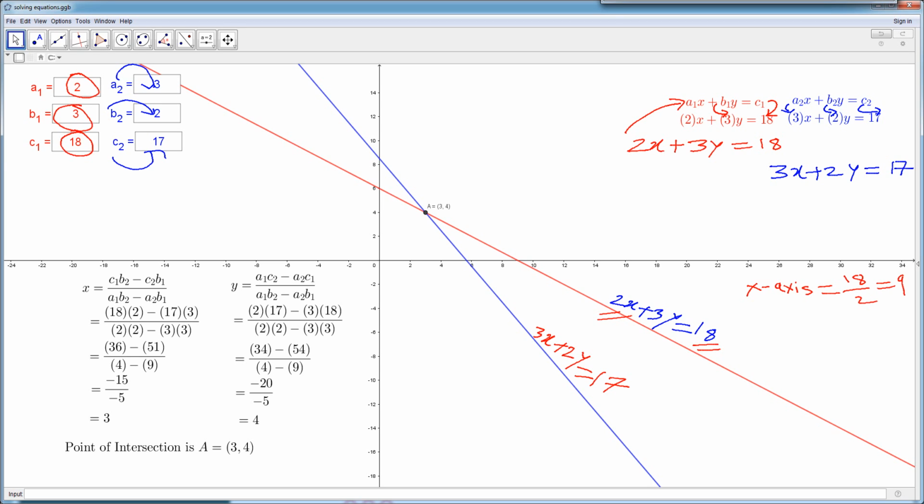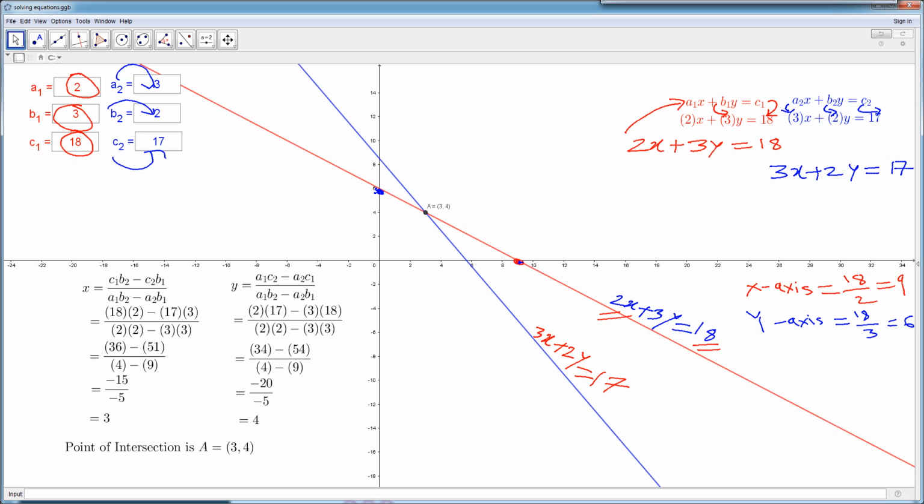So you can see that we have the point 9 over here. On the y-axis, the point is obtained by c upon b. In this case, it is 18 upon 3, which is equal to 6. So here you can see we have 2 points, 9 and 6. If you join these 2 points, you will get this. Similarly, you can plot the other line.